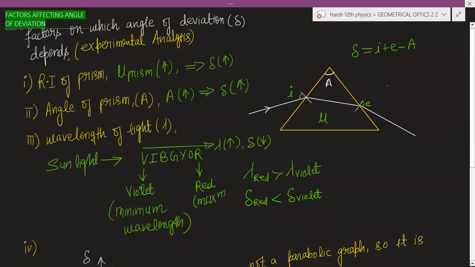I told you that if you increase the wavelength, the angle of deviation will decrease. So you can say the angle of deviation will be less for the red color than the violet color, because the wavelength of the red color is greater than the violet color.